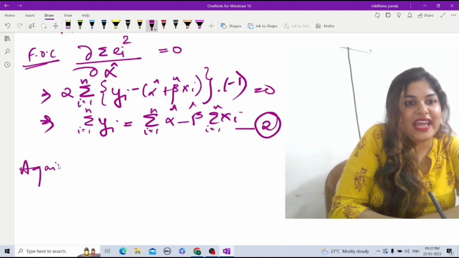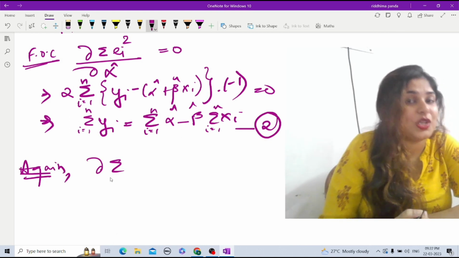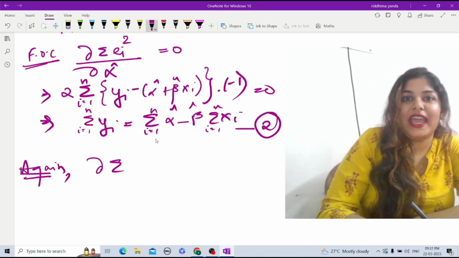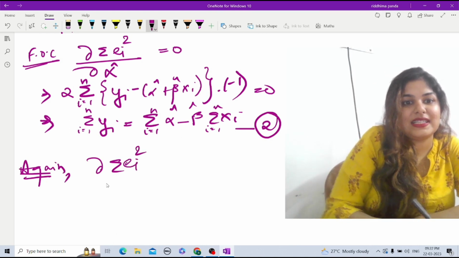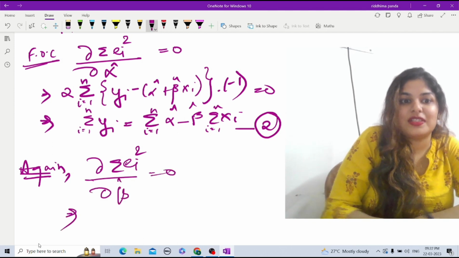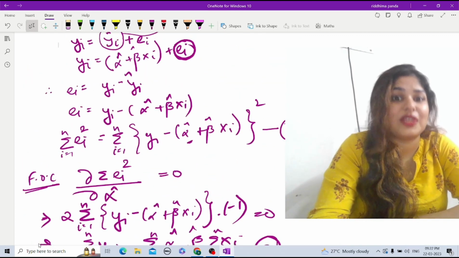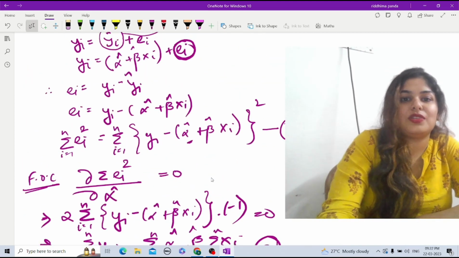Again, I have another parameter, that is beta hat. So I'm going to estimate that so that it will also minimize the error of estimation. So delta summation ei square by delta beta hat equals 0. That means I have to again take the derivative of equation 1 with respect to beta hat. So what am I going to get here?